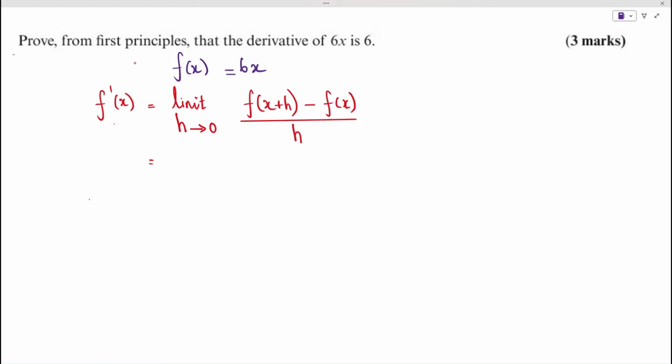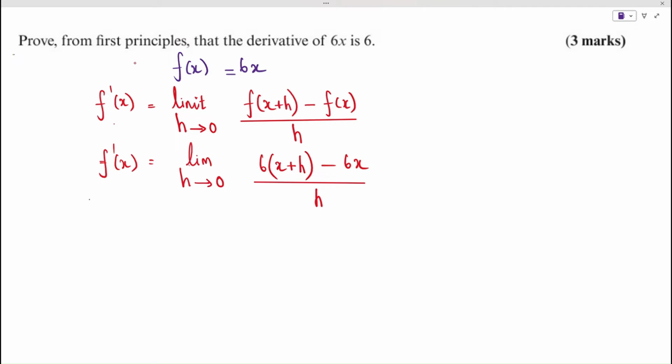So f prime of x, now if we substitute our 6x value, we get lim as h tends to 0. So here on the outside we're going to have our 6 because our x plus h is substituted as our x value here. So 6 times x plus h minus, so f of x is just 6x, all over h.